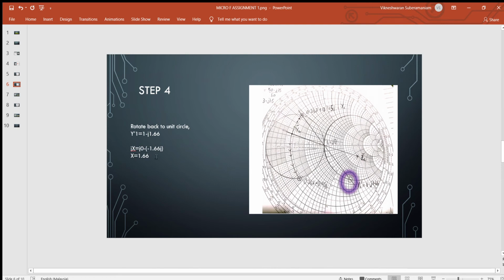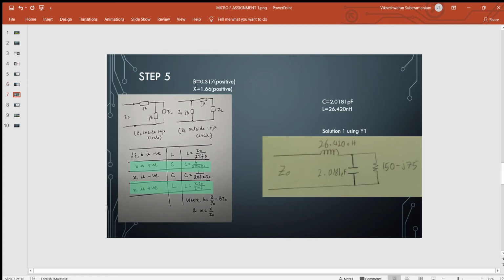We can get the x value by taking the imaginary part from the center of the Smith chart, j0 minus j1.66, and we will get the positive value 1.66. As you can see, we have found the b value and the x value, and both values are positive.